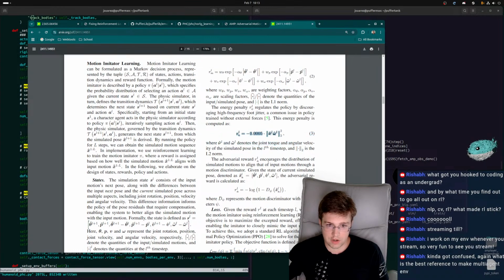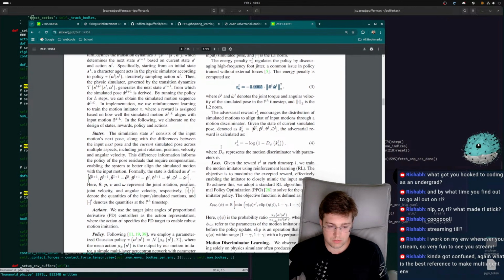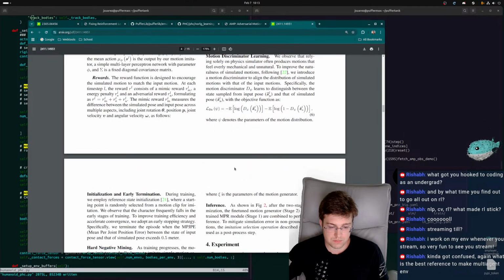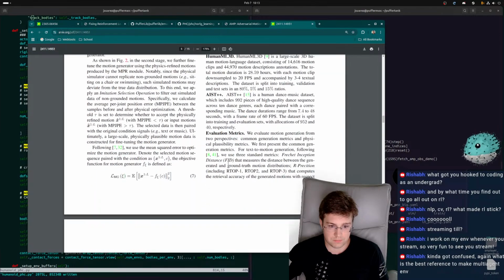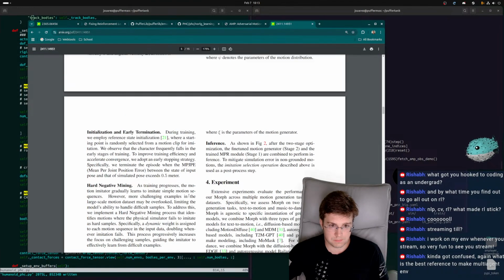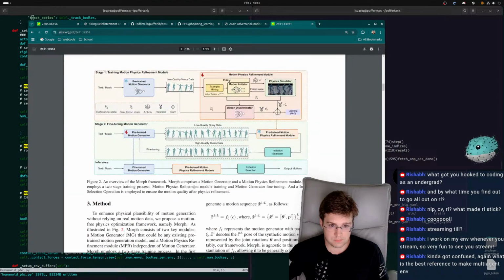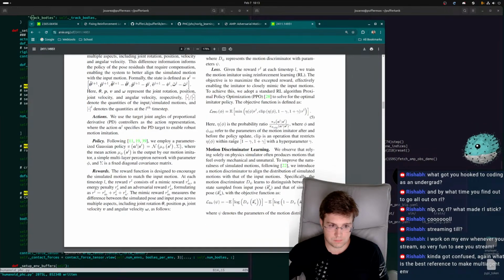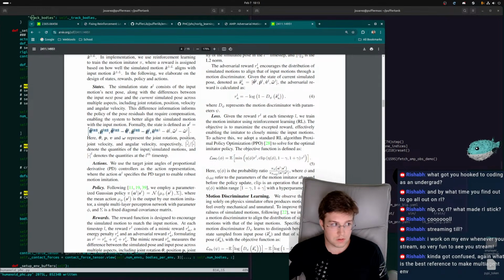This can be done in the environment. Isn't this thing simpler? This is obs.